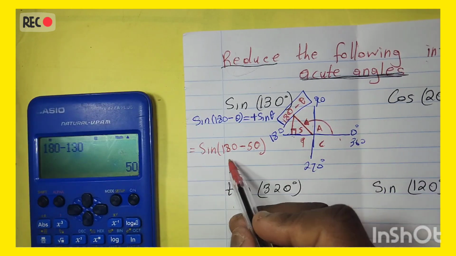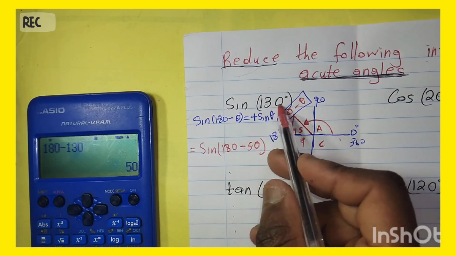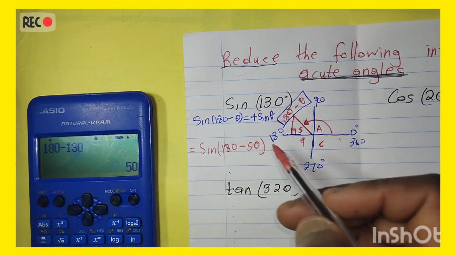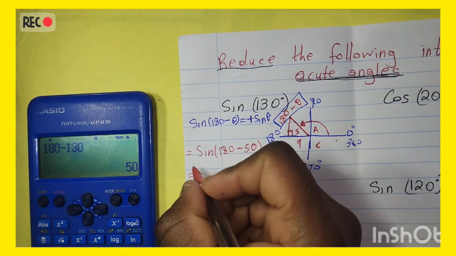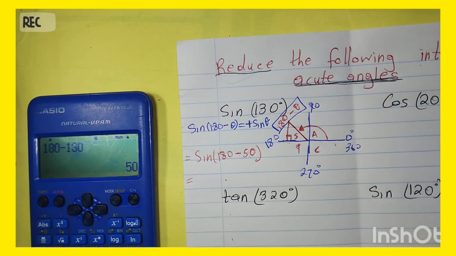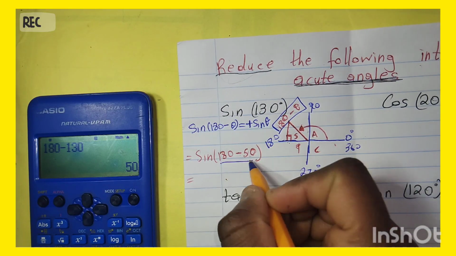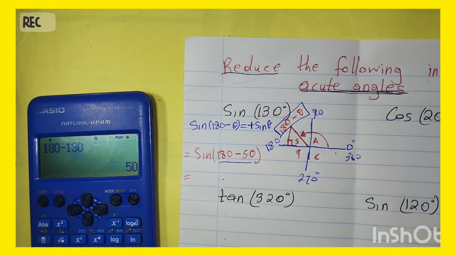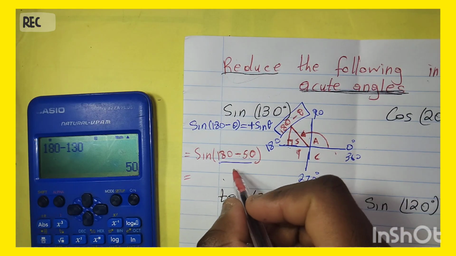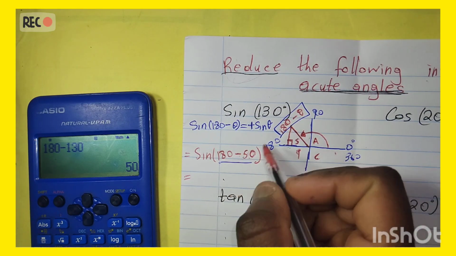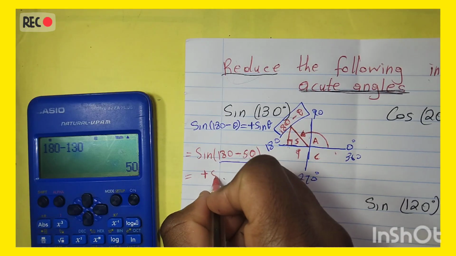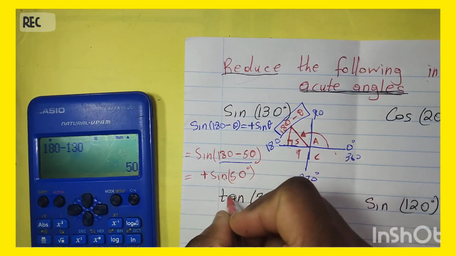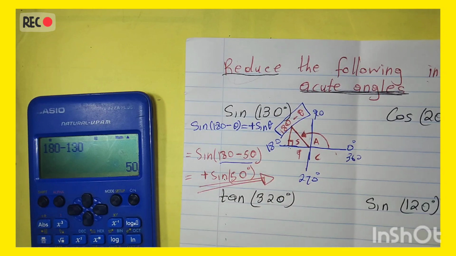So 180 minus 50 is 130 there. Do you see? But there is no need for me to press that on a calculator. This represents what you call a position. This one is my position. And what I can do, guys, is this: this is a position on the second quadrant. This is positive. Then I reduce the angle. This is the final answer. Do you see?